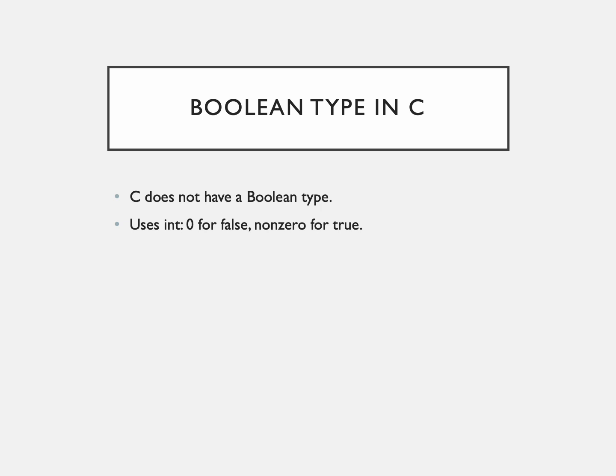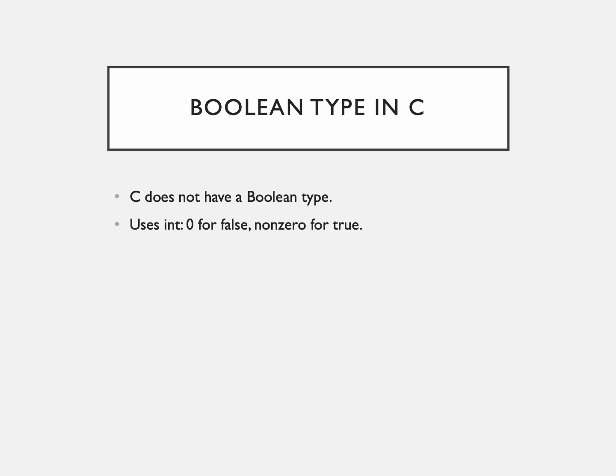Okay, as we continue our discussion on Boolean logic, it's important to highlight how C handles Boolean values, which is slightly different from other modern languages like Java or Python. C does not have a native Boolean data type in its original specification. Instead, it uses integers to represent Boolean values: 0 is treated as false and any non-zero value is treated as true.